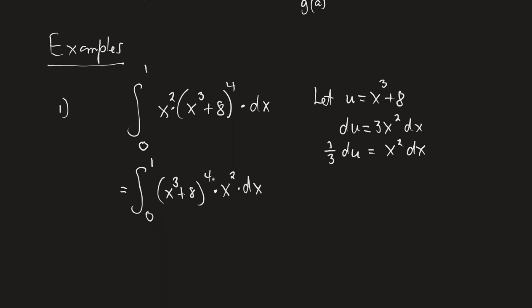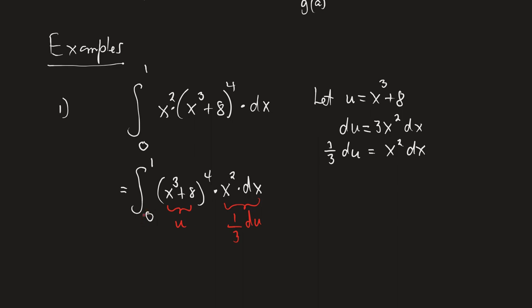So what I want to identify is what pieces we currently have for this substitution. The x squared dx is going to be substituted with 1/3 du. The inner function x cubed plus 8, which is right here, is going to get substituted by u, right?